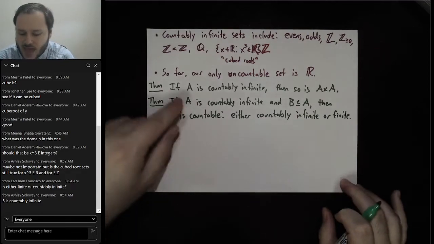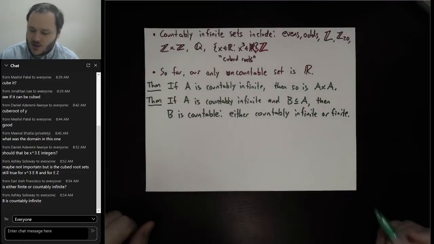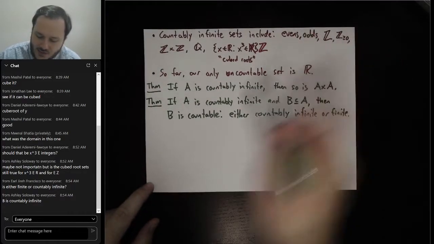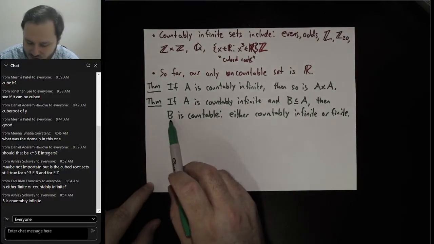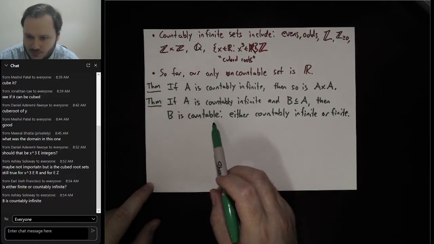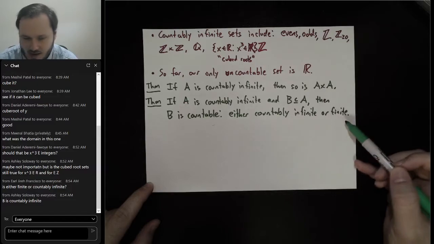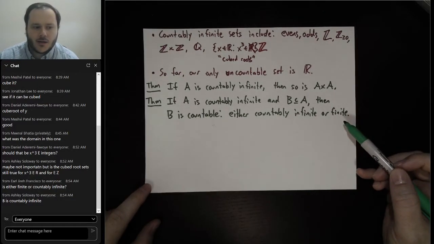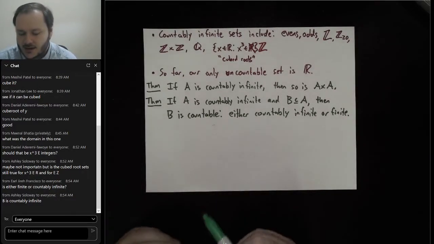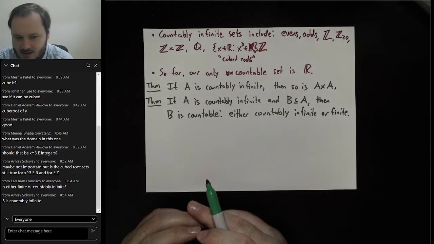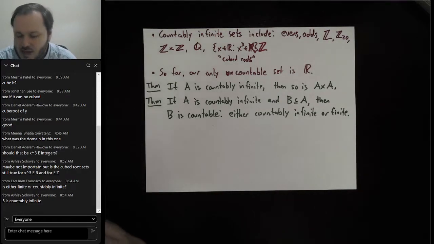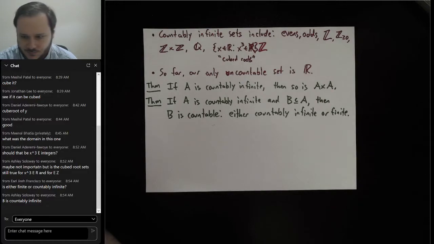So think about if A is the integers, the evens are a subset of the integers that are countable. 1, 2, 3, 4 is a subset of the integers that are finite. But I can't take a countably infinite set and take a subset and become uncountable.